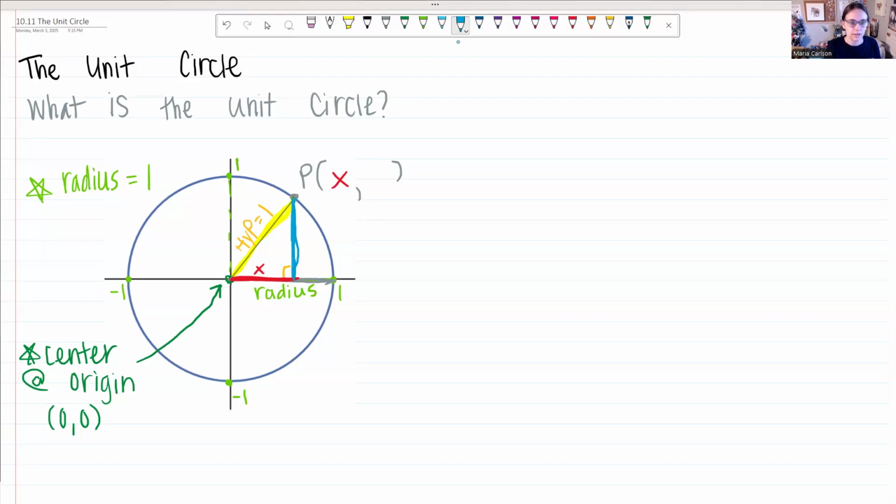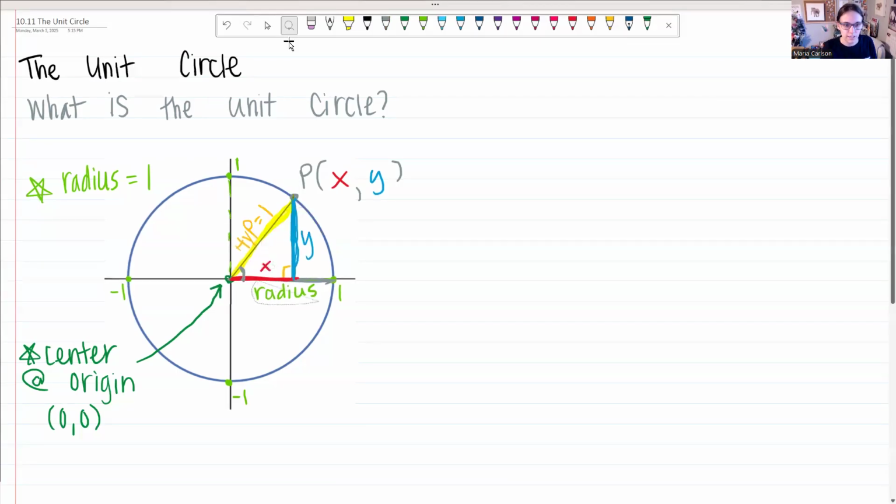This is y here. So this point is x comma y. And if this is a right triangle, and I'm talking about the central angle being formed, this then is our central angle.